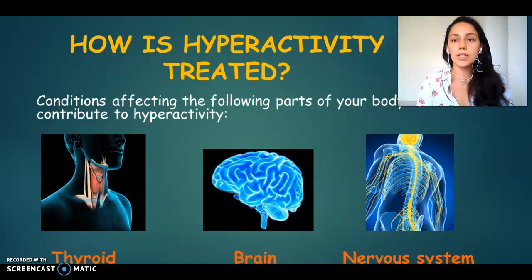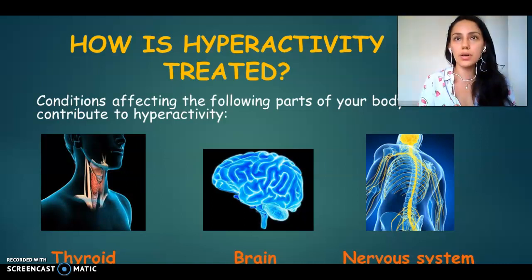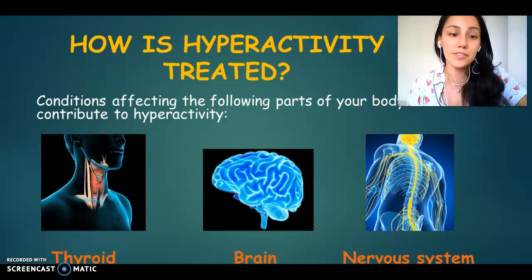Hyperactivity can also be related to an emotional disorder. In this case, you will be treated by a mental health specialist. Your specialist will review the symptoms to determine what condition you might have. Once a condition is diagnosed, you might be given medication or therapy to control your hyperactivity.